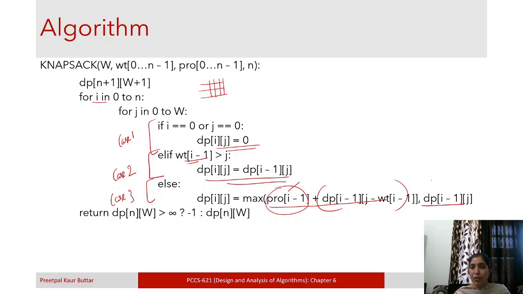And when you decide to exclude this item, then you will simply copy the solution from the previous cell. And after the completion of the for loops, the last cell, that is cell N, capital W, will contain the solution. So the solution will be returned by this algorithm.